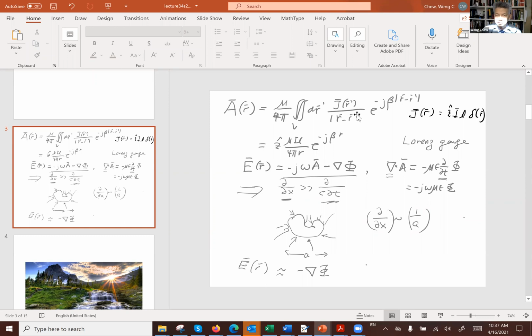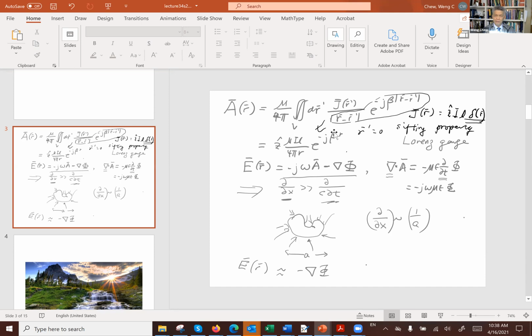A convolution of the Green's function with the current distribution gives rise to the vector potential. And when you plug this in, since this is a delta function, it has a shifting property. And that will just give you the value of r' equal to 0. So you will take this function and set r' equal to 0 because of the nature of the delta function. When you set r' equal to 0, you obtain this expression.